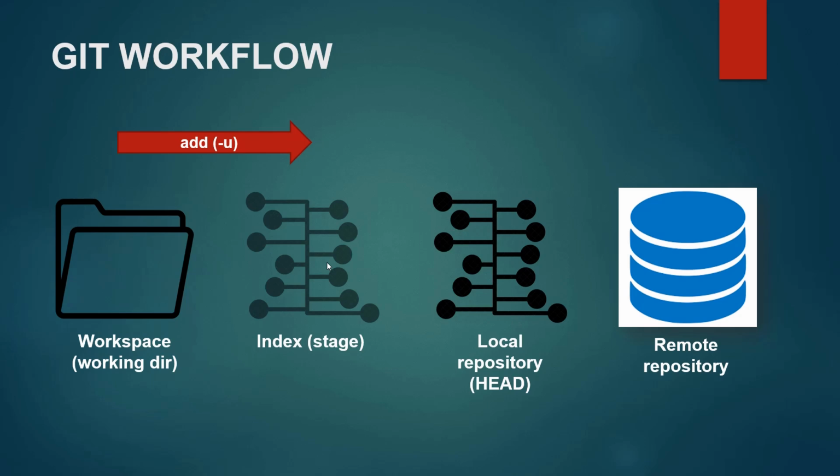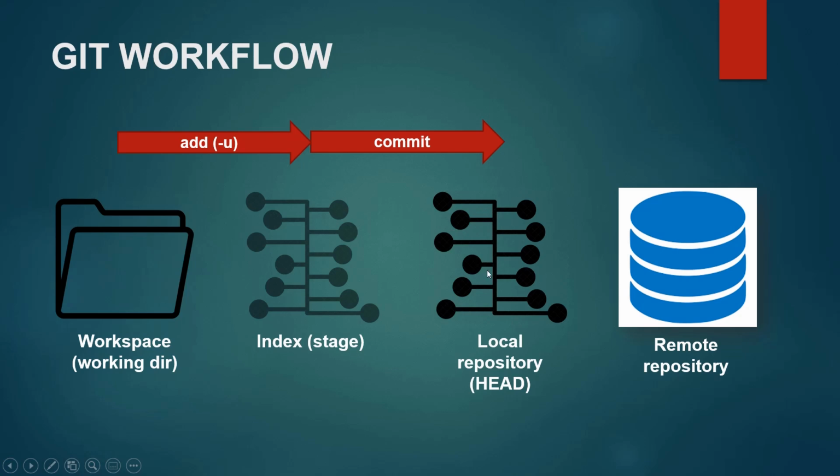So what you need to do next is to commit the file. When you execute git commit, all the files that are staged, their changes will be committed to the local repository. And so your files, as I was saying, can be in three states. They can be in the working space, in the index, and the local repository.